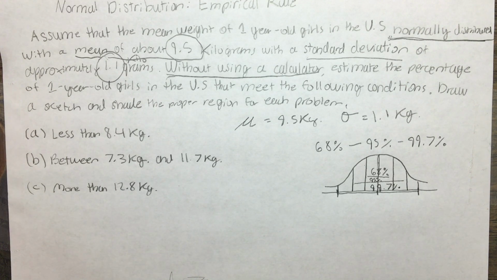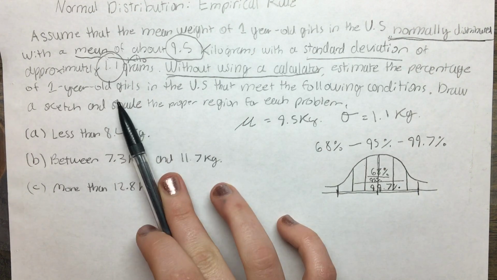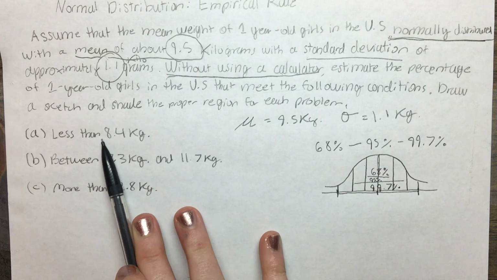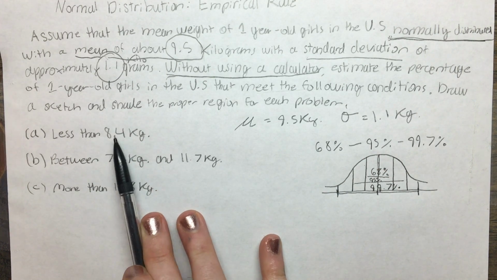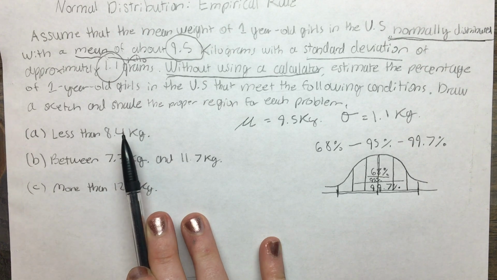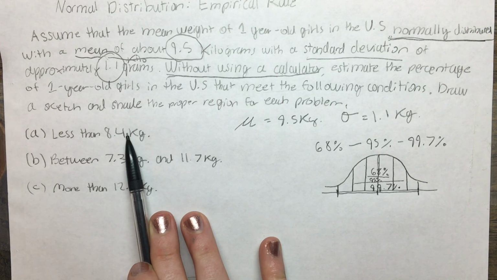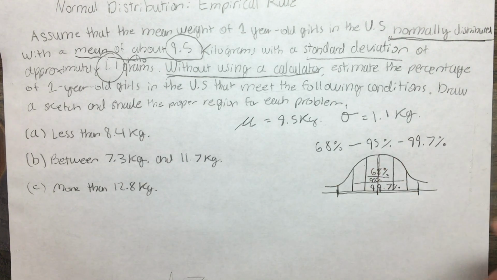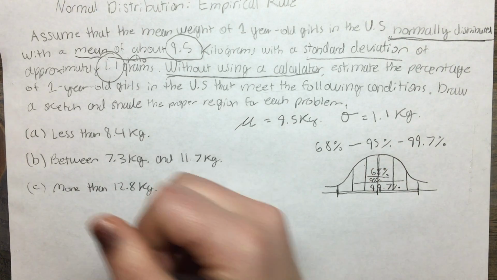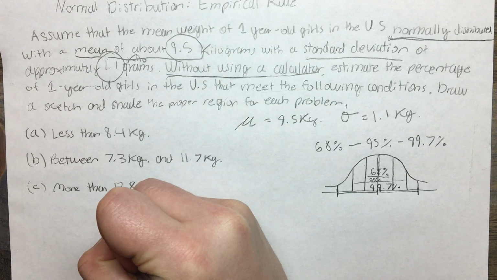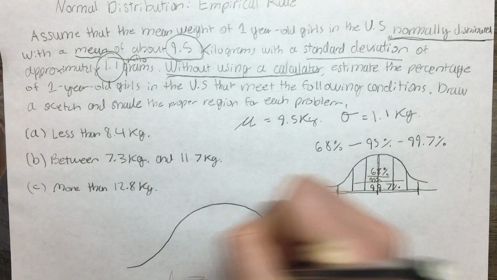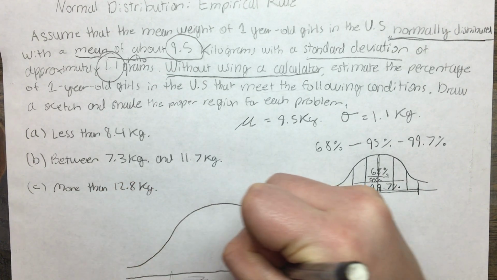So how are we going to find the region? It says, estimate the percentage of 1-year-old girls in the U.S. that meet the following conditions, for less than 8.4 kilograms. So how many of the girls weigh less than 8.4 kilograms as a percentage? Well, we're going to need to draw another model. So here's my model for normal distribution.